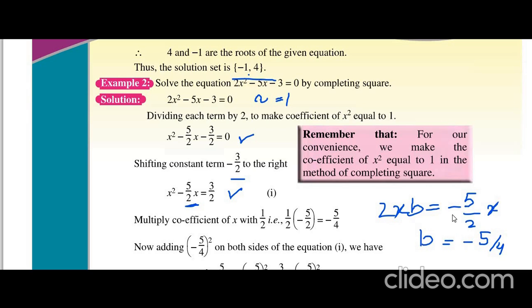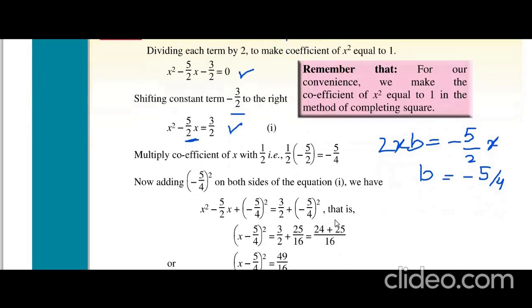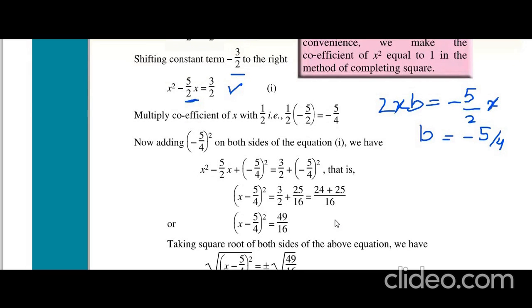Just add the square of this b on both sides of this equation. Then you will complete the square on the left side. Now we get x minus 5 by 4 whole square equals 3 by 2 plus the b square added on both sides, that is 25 by 16.